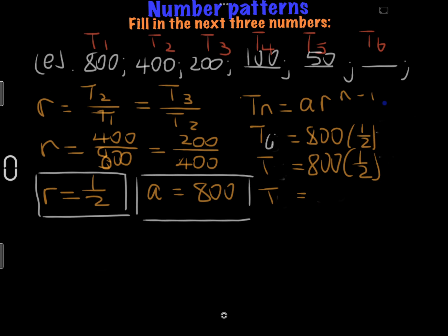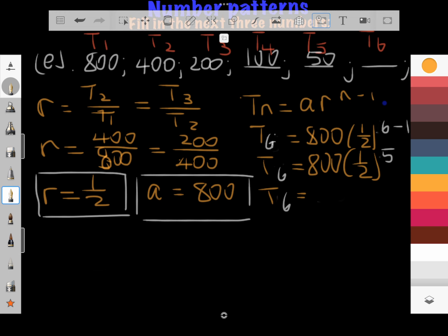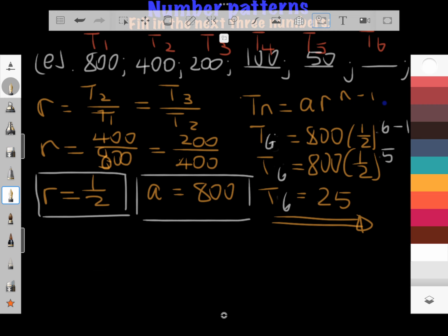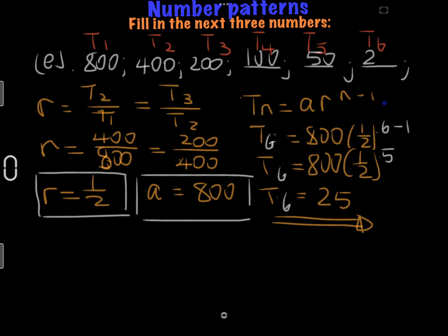We have 6 minus 1, which is 5, and then raise that to the power of 5. In this case, we get the answer to be 25. That's our final answer for this pattern. So we get 25, this last value here.